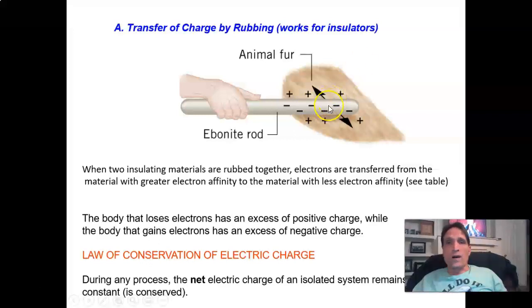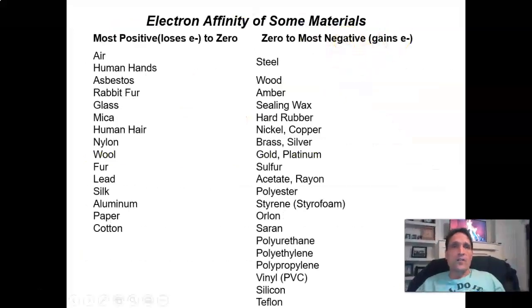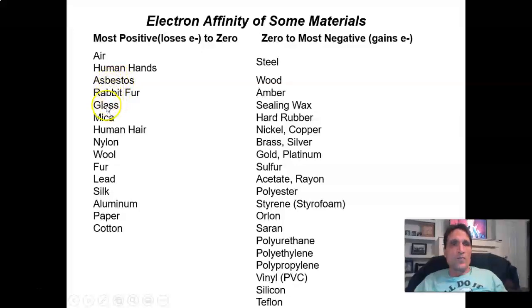Okay, so why is it that the rod becomes negative and the fur becomes positive? Okay, well, let's go to our table here. So here, hair and fur, these types of materials tend to lose electrons easily because they're at the top left of the table here. They tend to be willing to give up electrons.